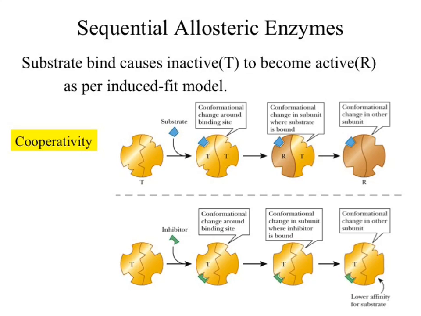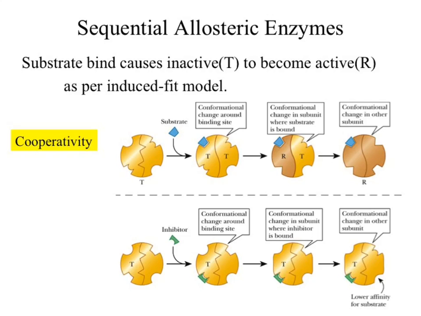Our inhibitor binds, changes the conformation of our T state to another inactive T state. Notice that the shape does slightly change. That change in shape causes the other half of our enzyme to change its shape, preventing the affinity for our substrate.